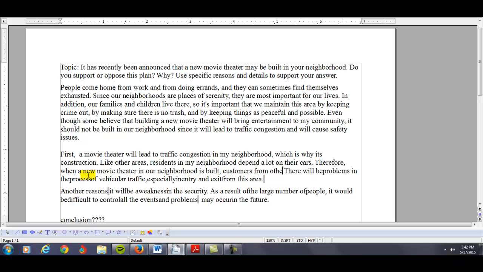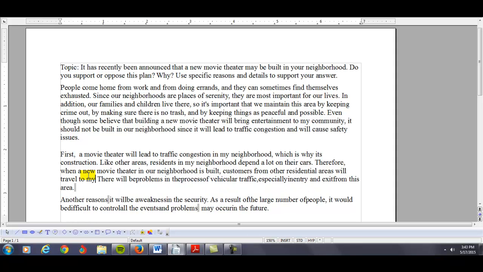customers from other residential areas will travel to my area to watch movies.